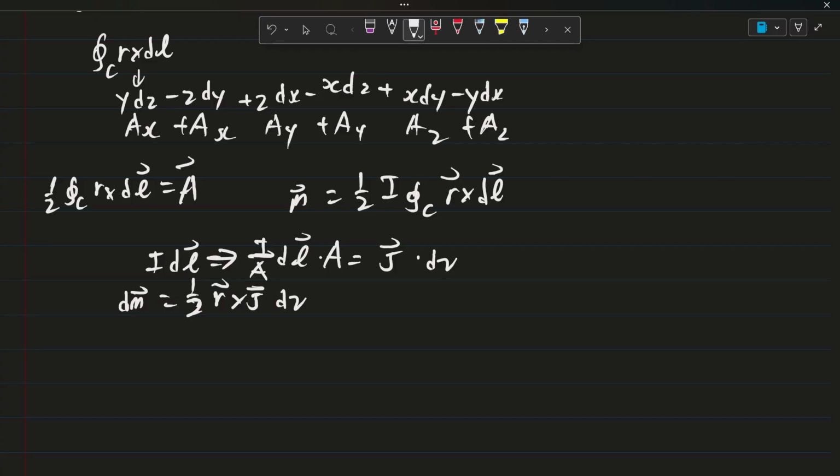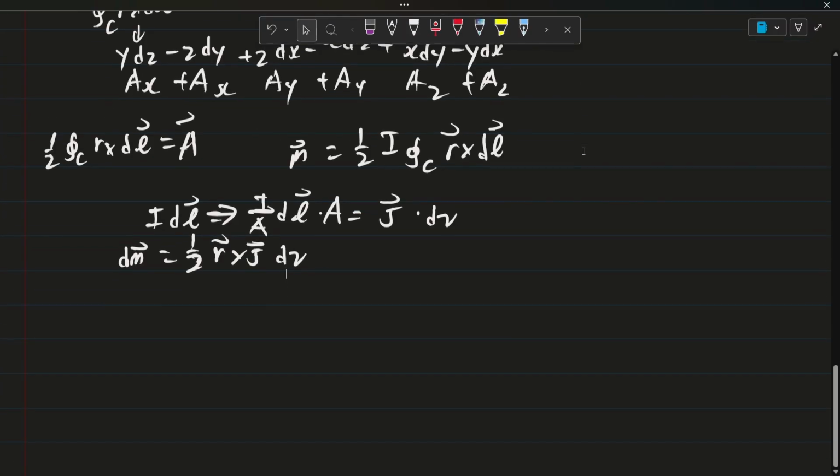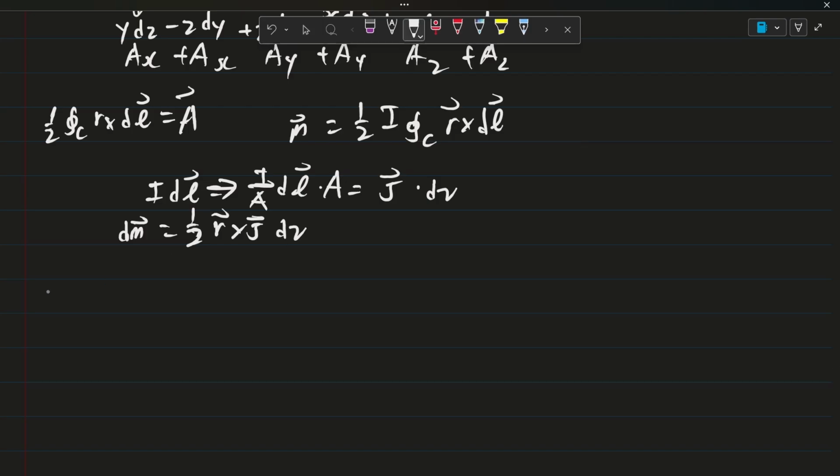So now let's discuss one of the most fundamental laws in magnetism, which is Biot-Savart. Biot-Savart comes from the formula that we got earlier, and technically they did the experiment and wrote down the equation.